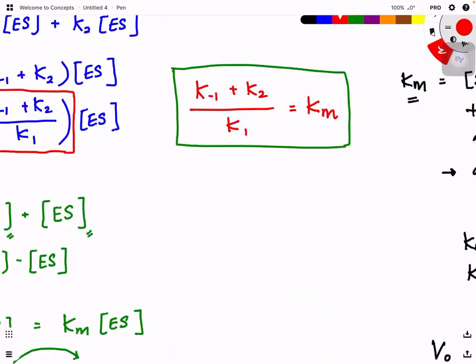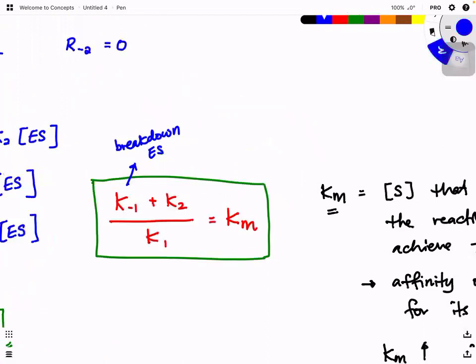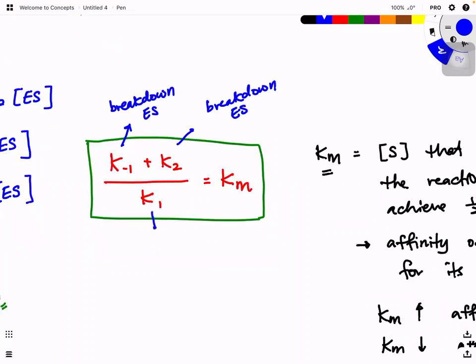The rate constant K-1 is for the breakdown of the ES complex. K2 also breaks down the ES complex. K1 is the one that forms the ES complex.